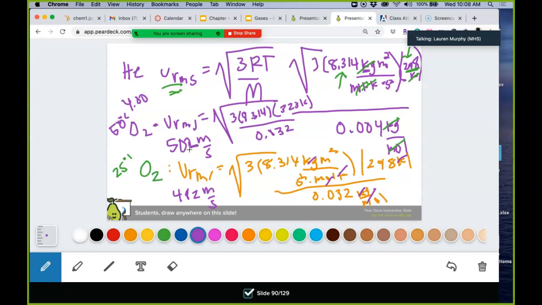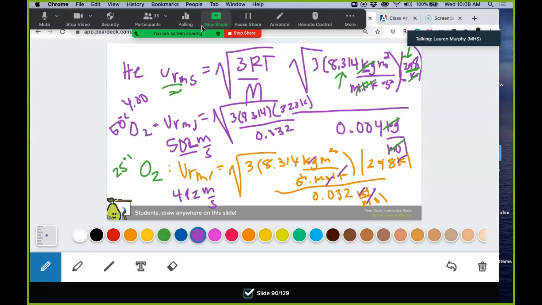So mathematically, this shows at 50 degrees Celsius, oxygen moves faster than it does at 25 degrees Celsius. So hopefully, conceptually, this makes sense that if you heat gases up, they move faster. Or if you heat any particles up, they move faster. So at higher temperatures, gases will move at higher speeds, higher velocities.